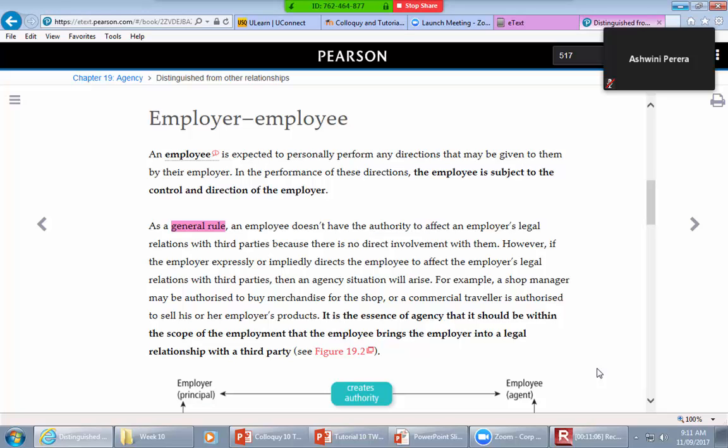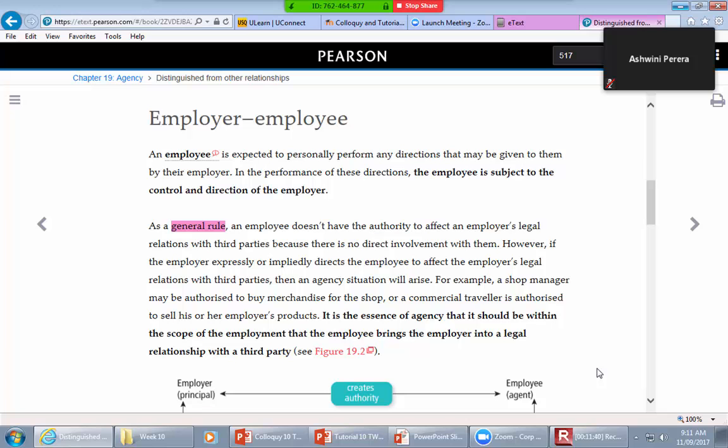If you are a manager, you will always be dealing with third parties, so people who are not actually employed by your employer. In an exam question, if you see something like a manager, then you have to think whether I'm trying to tell you that you need to discuss agency. I'm not going to tell you that the manager is an agent. So sometimes the employee is in fact an agent.